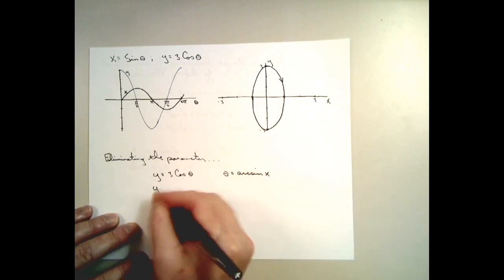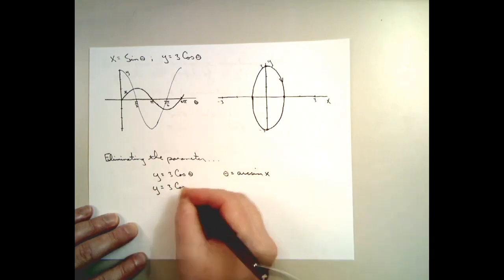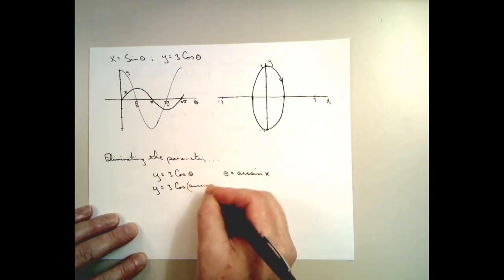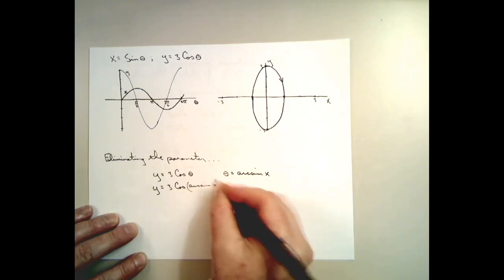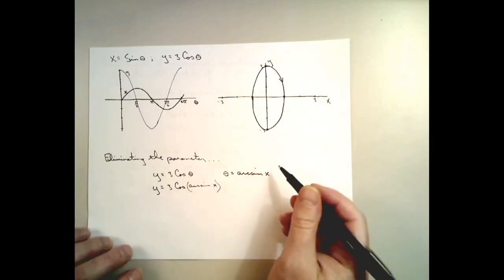And so we could eliminate the parameter by simply saying that y is equal to 3 times the cosine of the arcsine of x. And we've done it. We've eliminated the parameter. We have an equation in terms of x and y.